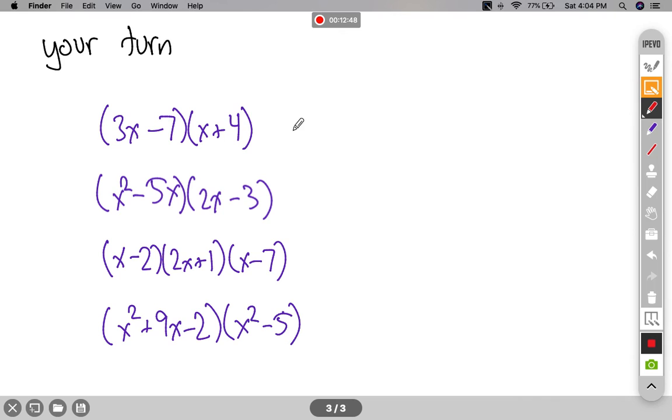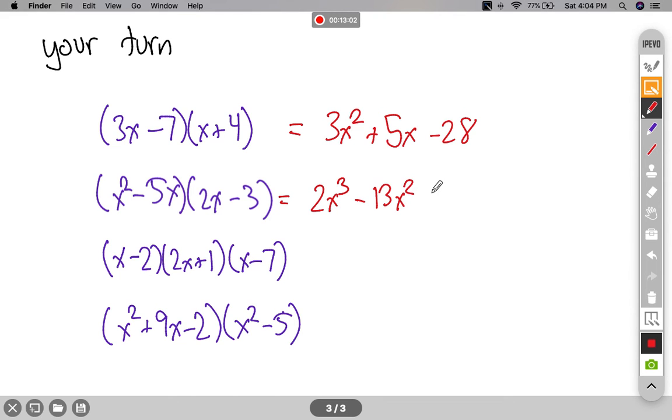Okay, my answers. This one is 3x squared plus 5x minus 28. Second one is 2x to the third minus 13x squared plus 15x.